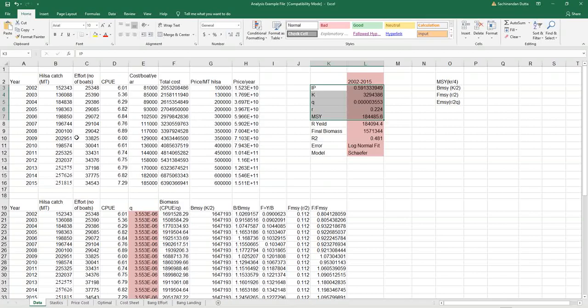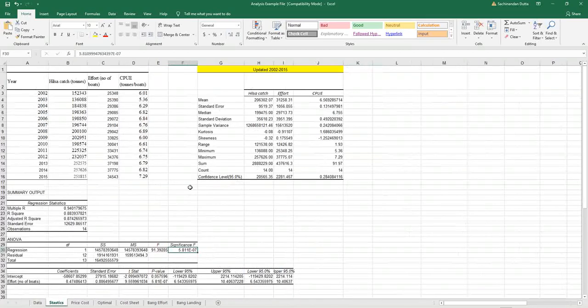It's done. Next you can do some basic statistical analysis of your data set. You can estimate the descriptive statistics: mean, median, mode, then the standard deviation, standard error. And you can also do a regression analysis of the catch and effort.